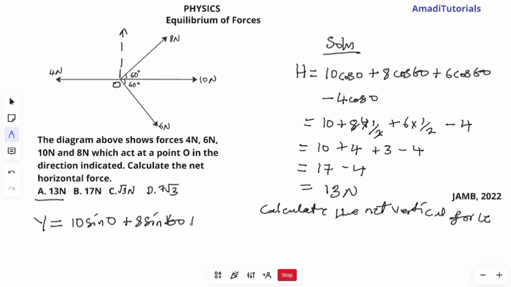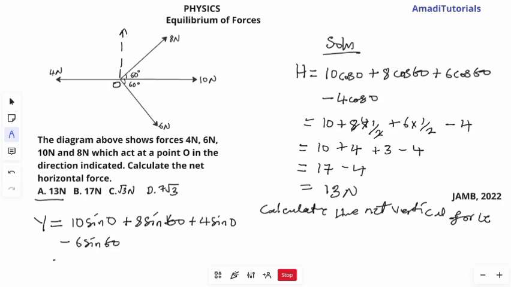Okay, but let me just write it. 4 sine 0, then minus the only downward force here, which is 6, minus 6 sine 60.